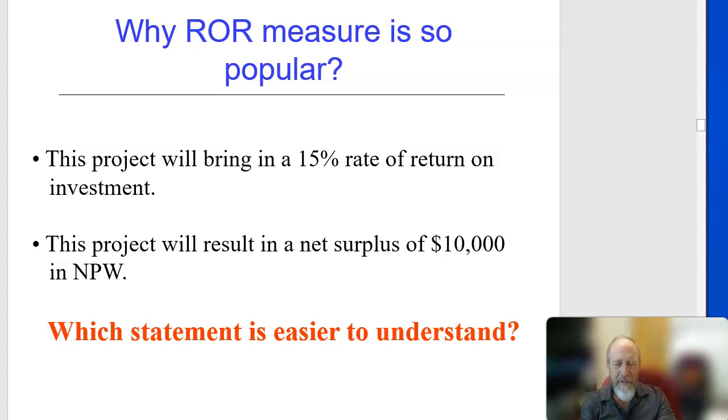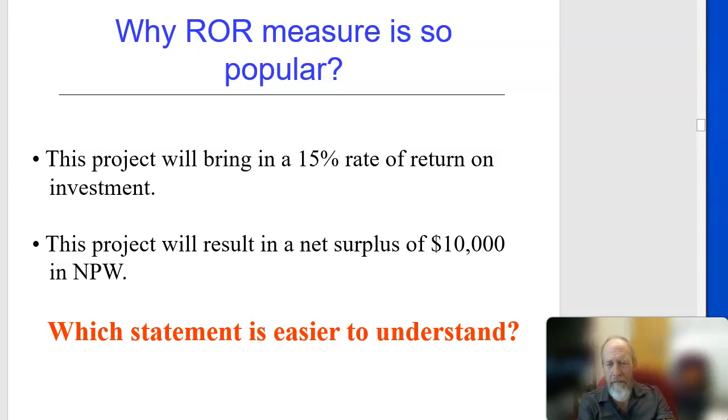So, reality is, especially now, as an engineer who actually understands economics, you need to understand economics because guess what? It's expected that you do. However, you will understand that project saying, hey, the present worth has a net surplus of $10,000 in net present worth.